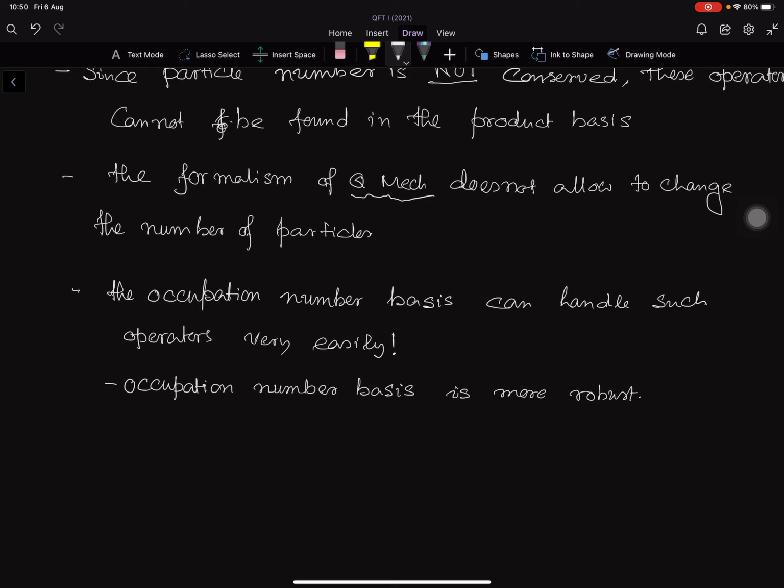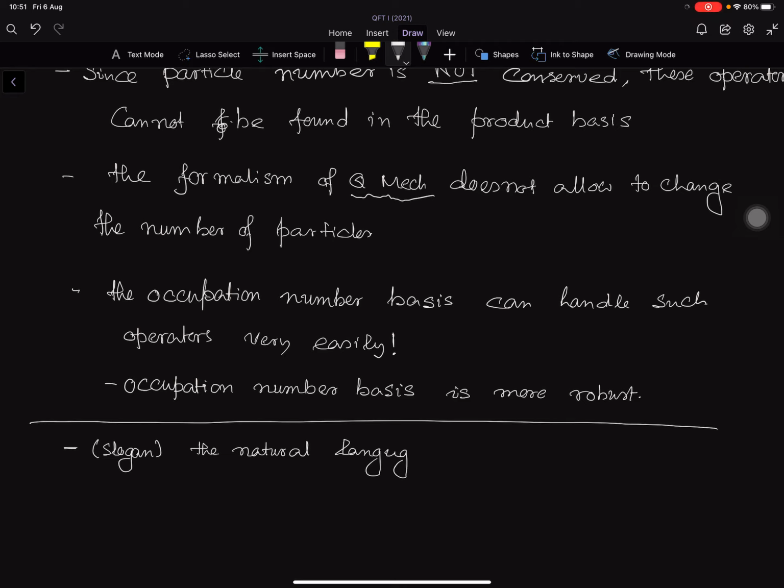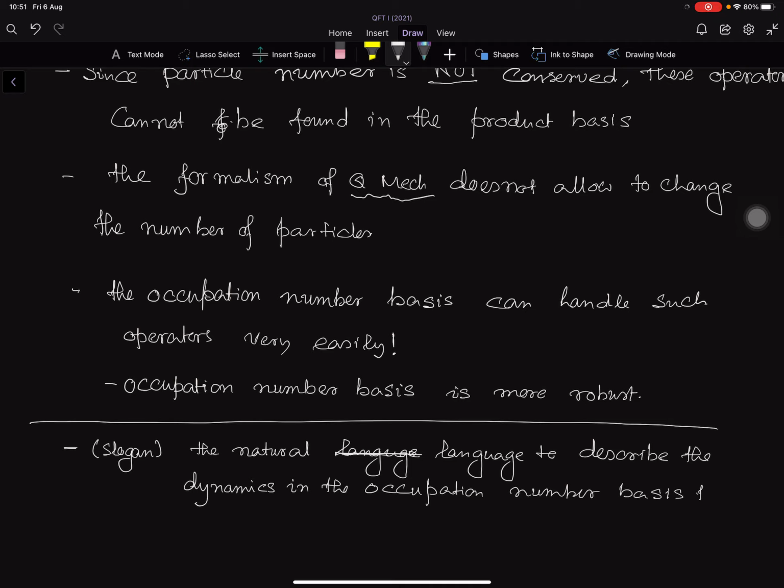And in future you will see that the language of quantum fields, the slogan, which we will try to show next time and also throughout the course, is the formalism of quantum fields.